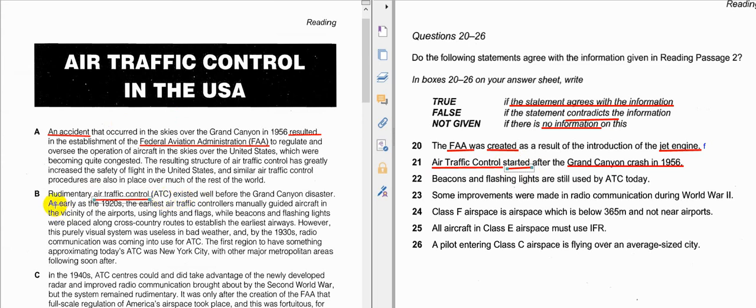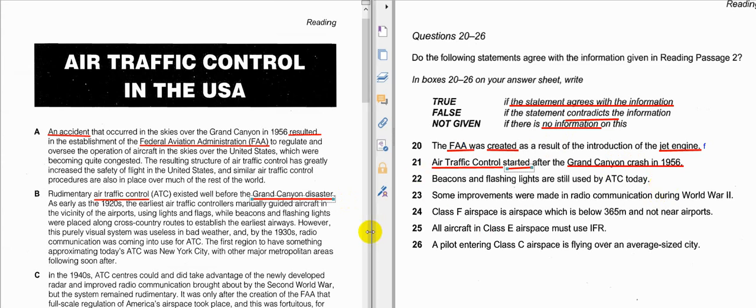So let's read the whole sentence first. Rudimentary air traffic control existed well before the Grand Canyon disaster, as early as the 1920s. Okay, so we found the Grand Canyon disaster. It says disaster here. In the question, it says crash. Same thing. Okay, so IELTS love to play with the synonyms, but we didn't find the word start.